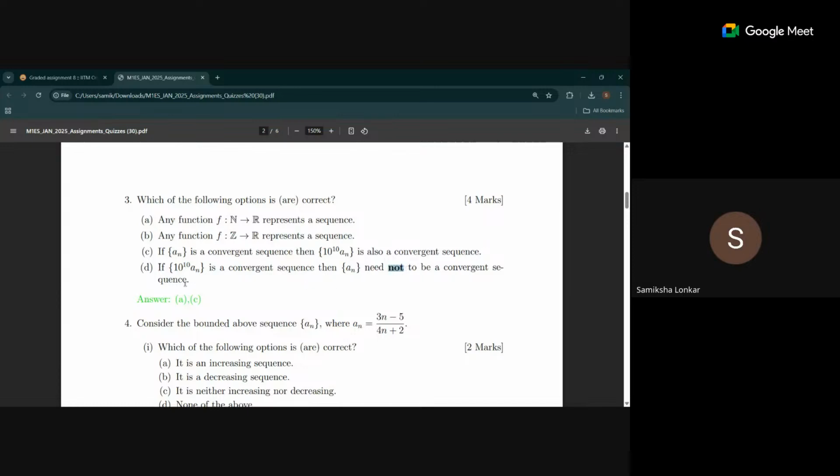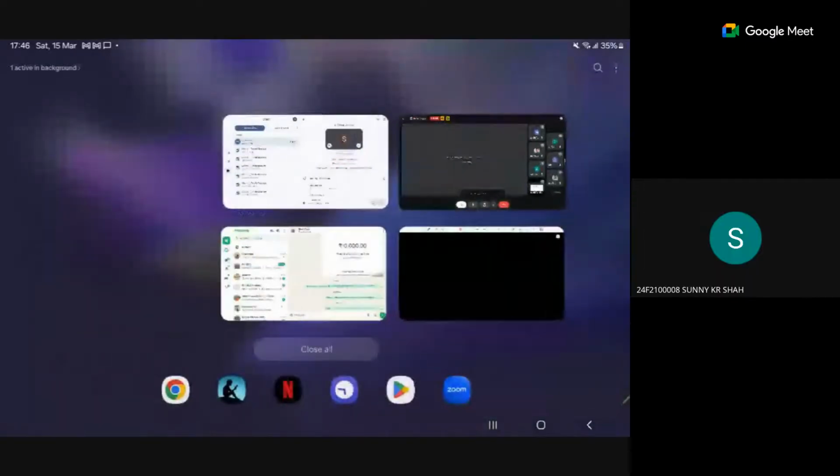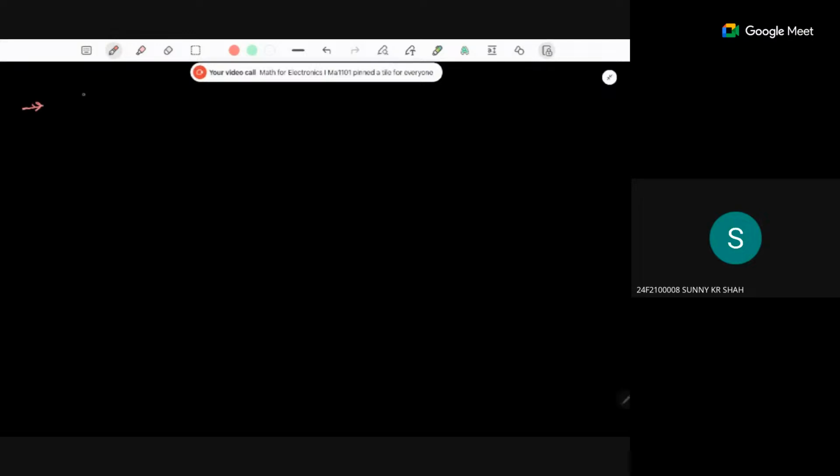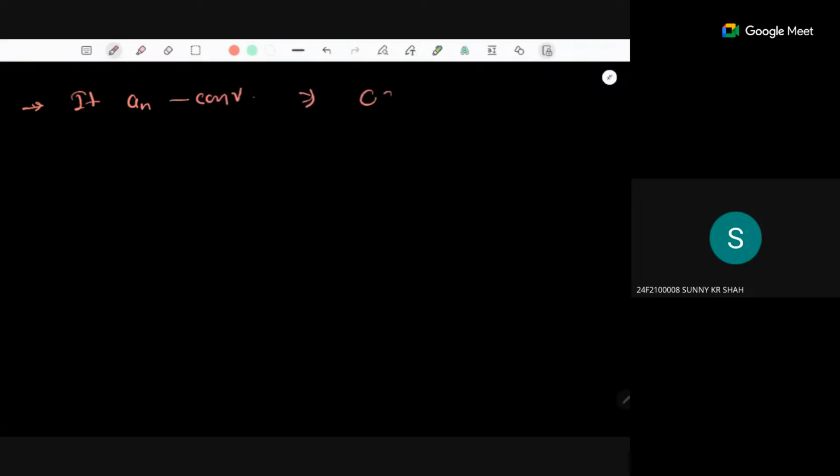Again, if 10 to the power 10 AN is convergent, let me share my screen. Here, if AN converges, then any constant multiple of AN also converges. This much we know, right? Because constant multiplication does not affect the convergence or divergence of any sequence.